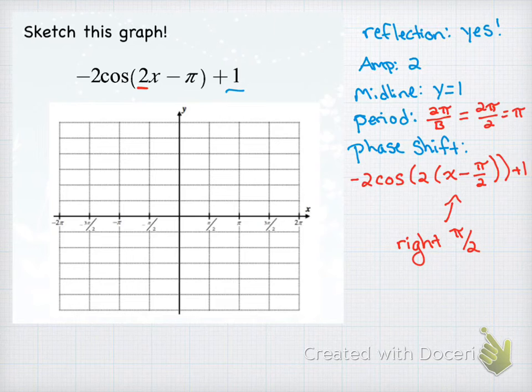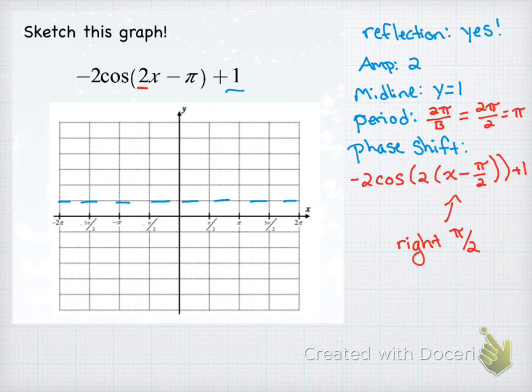All right, hang in there, because now we're going to have to put all of this to use. I'm going to do this in 2 phases. I'm going to graph some helper dots without the phase shift, and then I'm going to put the phase shift in. Okay, so I'm going to sketch my midline in here.